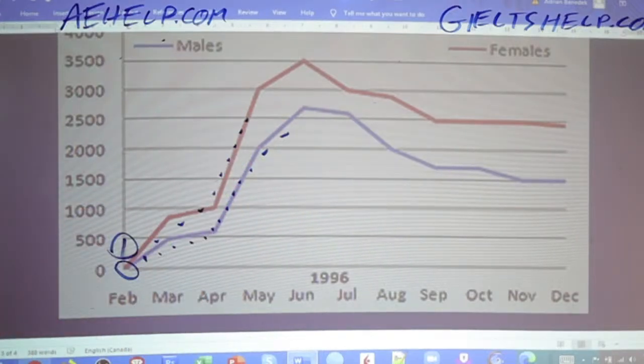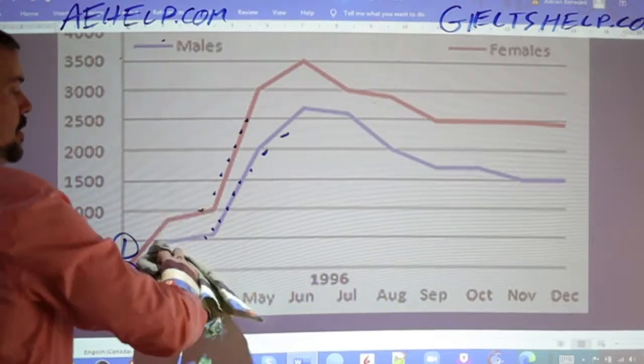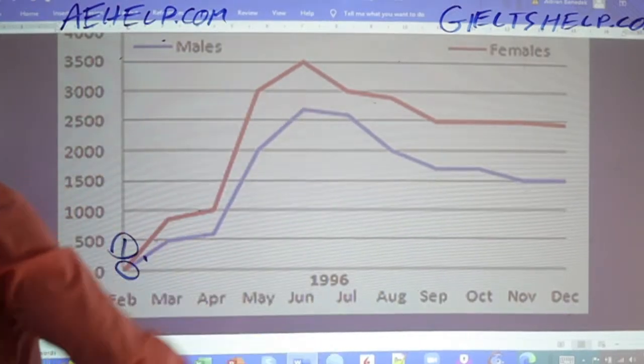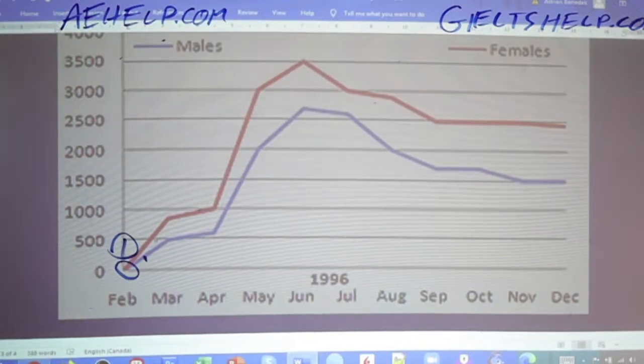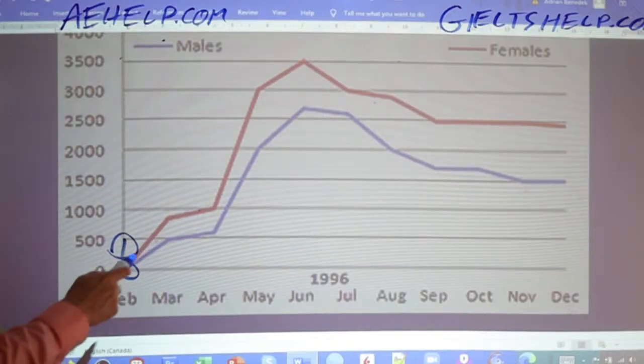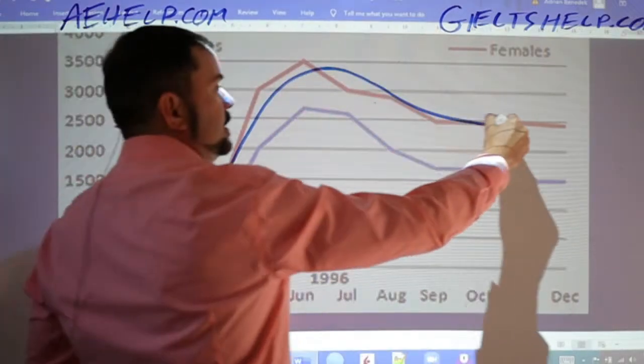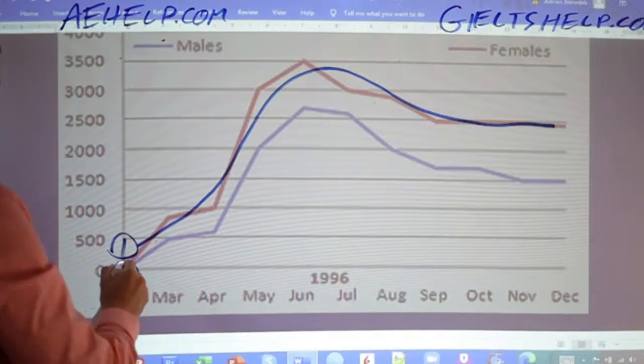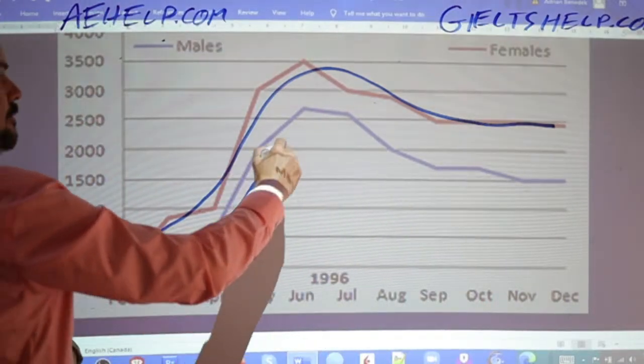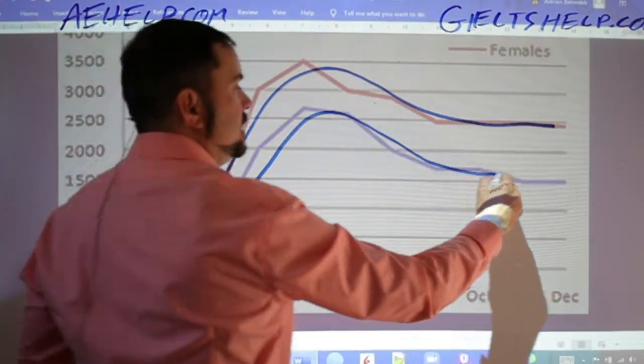So the pattern is the same, and there are more cases of female infections here than male. So here, all I'm going to do is just draw a line for the females and then draw a line for the males, okay?